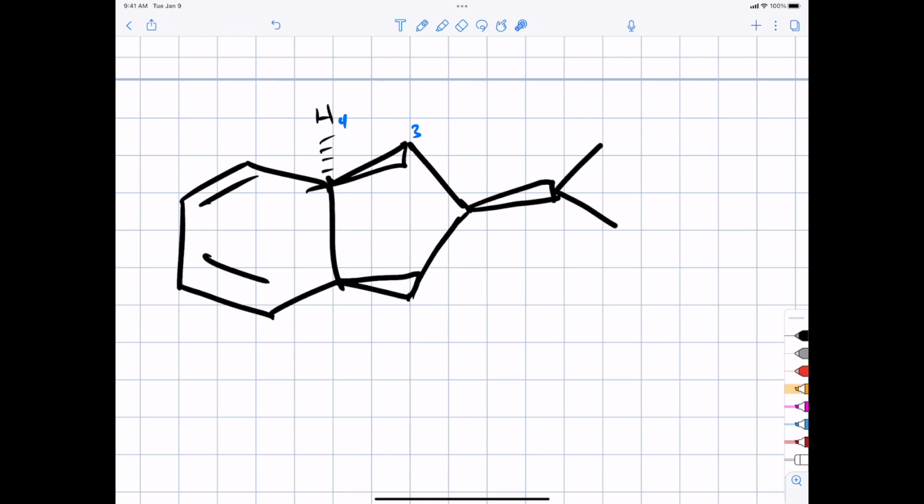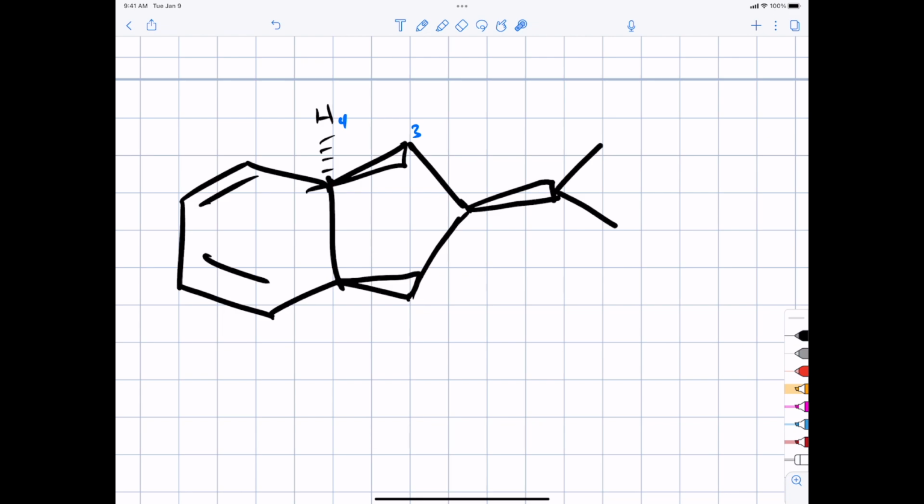That doesn't help because we want to know how to number things. Let's see, where's show stereochemistry? Okay. So the answer is that molecule is not chiral. Are those all stereocenters? Yes.